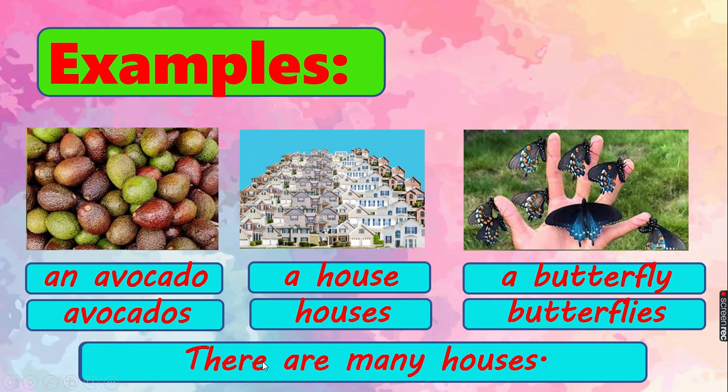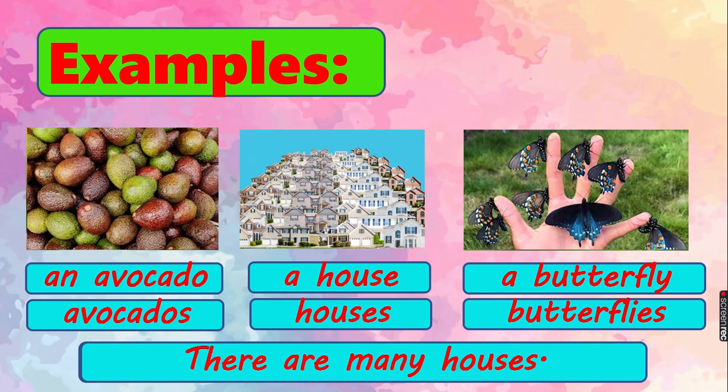Next one. There are many houses. So you can say how many houses too. Like for example, maybe there are 50 houses. Oh, I said 50. There are 50 houses. Or we can simply say there are many houses.